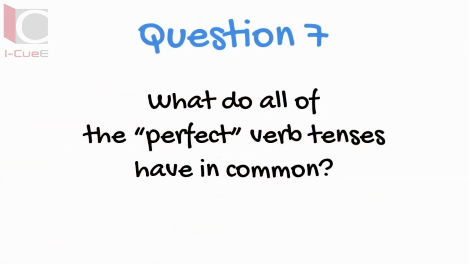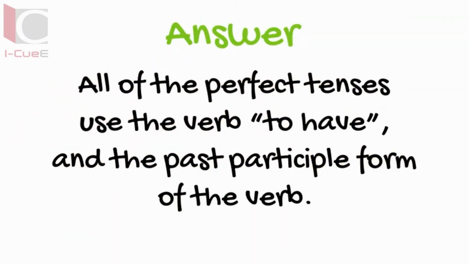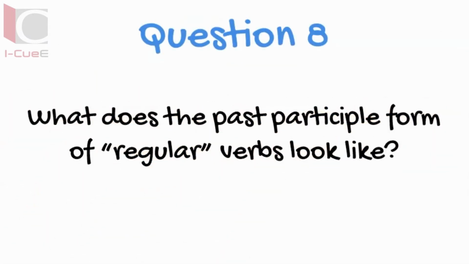What do all of the perfect verb tenses have in common? All of the perfect tenses use the verb to have and the past participle form of the verb. What does the past participle form of regular verbs look like?